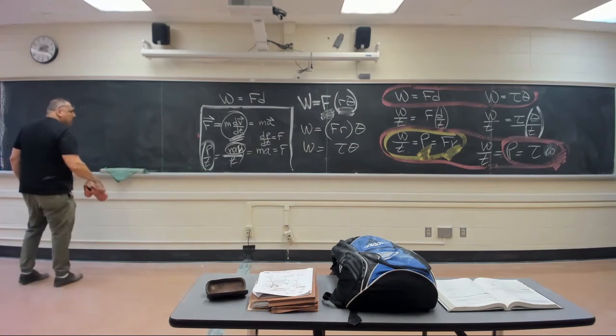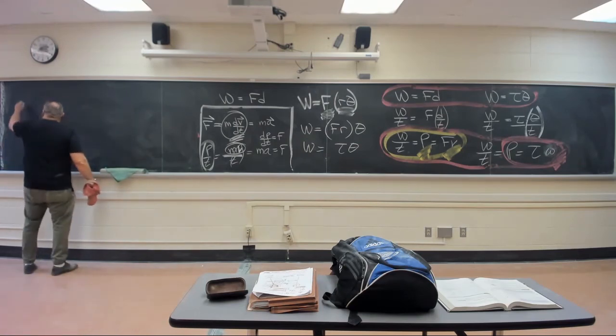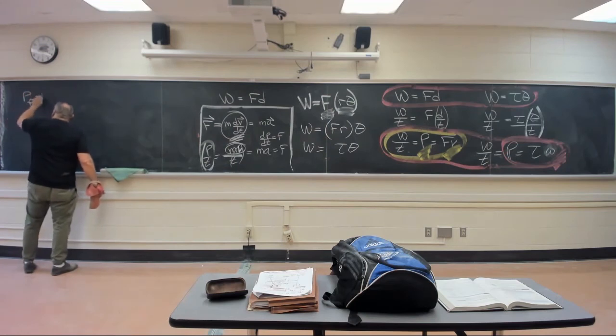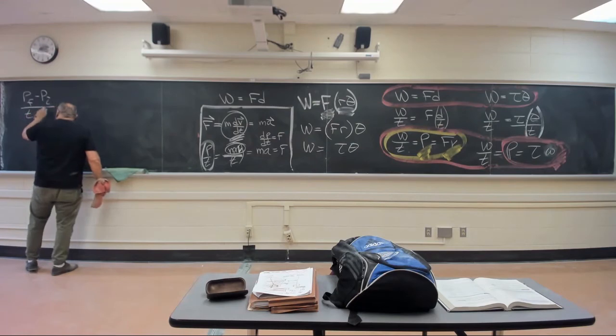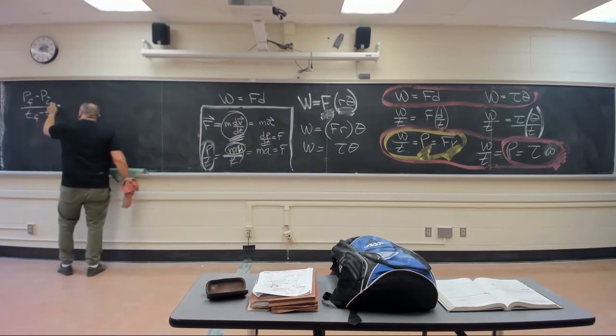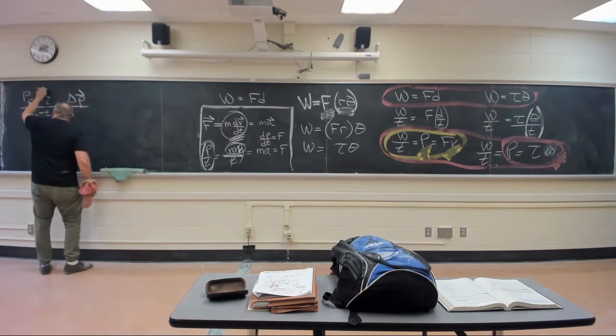What's going on here? Well, you saw it. You saw what was going on. If I were to find the change in momentum divided by the change in time, that's delta p vector. Let's say these are vectors.